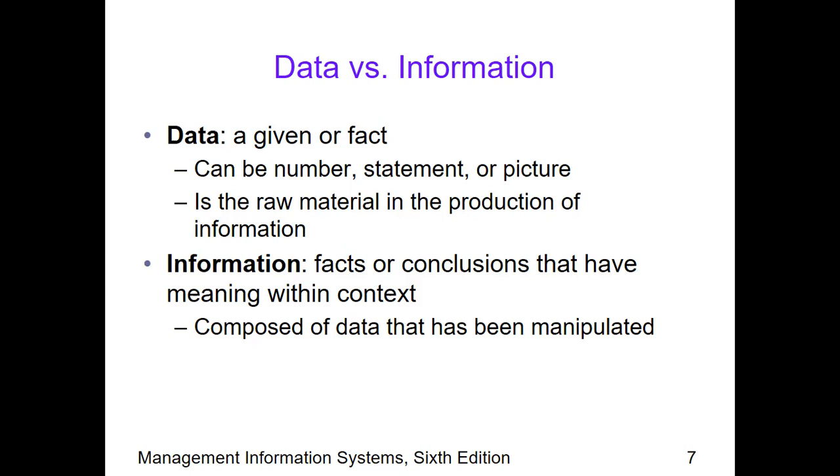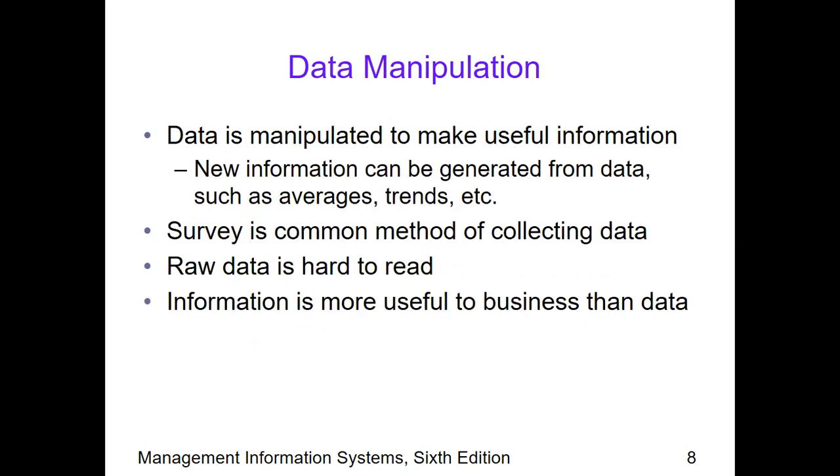If processed, the data becomes information. So facts are conclusions that have meaning within context. A process is incorporated to translate the input, which is data, into output, which is information. We manipulate data in order to make useful information.